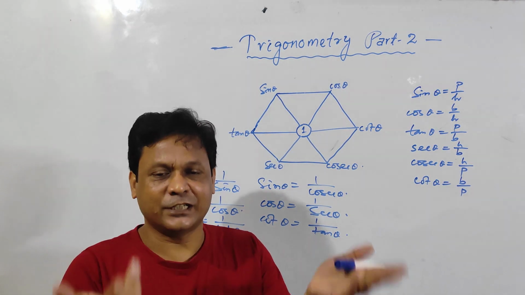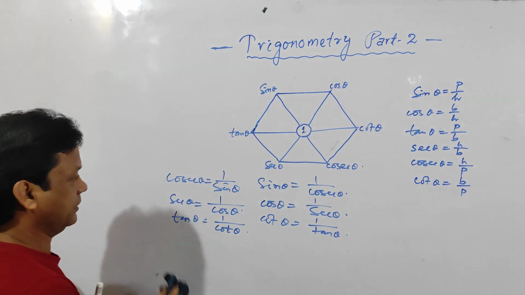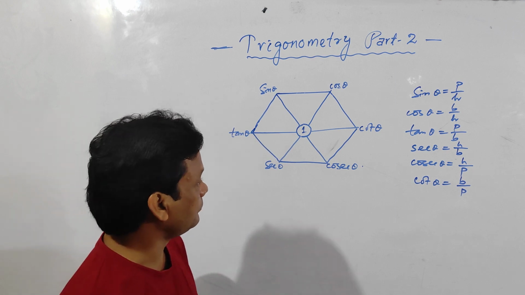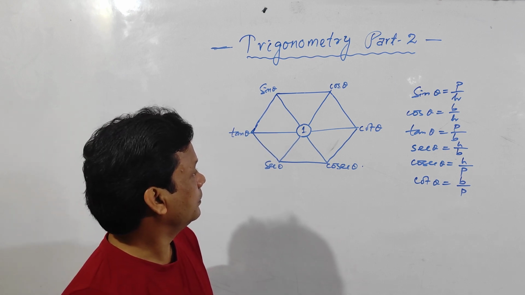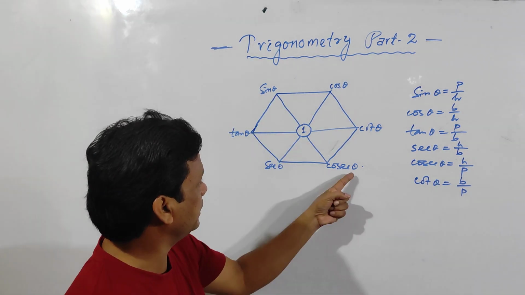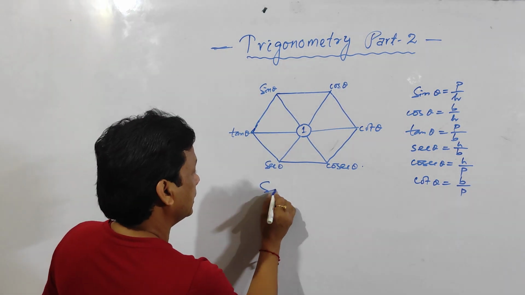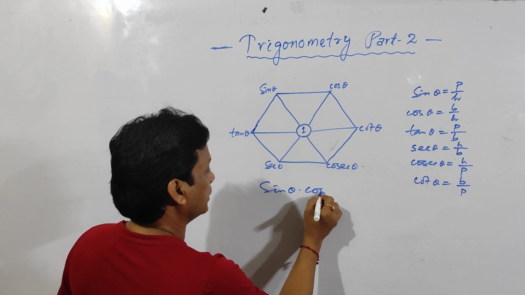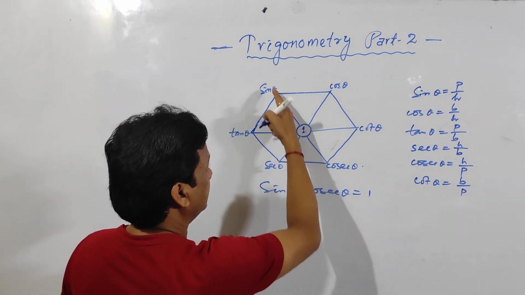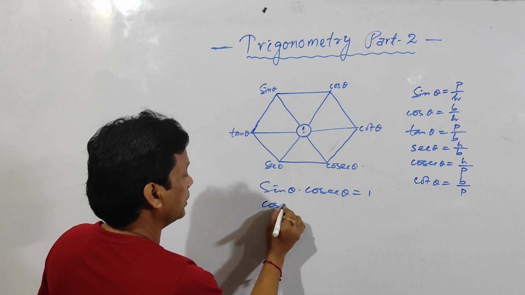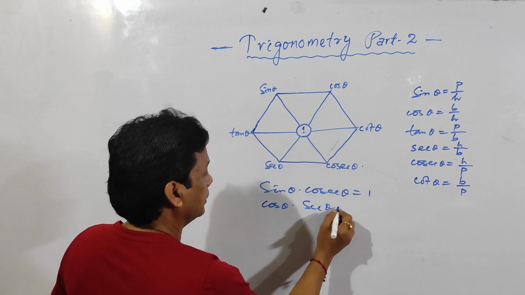Okay, then let's come to another formulas. Another very interesting one: this into this is equal to 1. Just multiply it by its opposite. Sin theta into cosec theta is equal to 1. So, diagonally opposite, cos theta into sec theta is equal to 1.